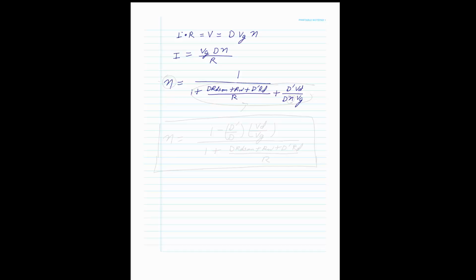What do we have to do? We have an efficiency here, and we have efficiency here. We multiply both sides by the bottom term and solve and extract the efficiency out.